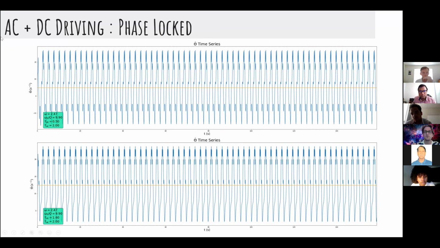It's too fine-grained, and you can't get the detail that you would need without averaging. You can see this orange line here is the average of our angular velocity, somewhere around 7.5, and that's with a DC torque of 0.5.